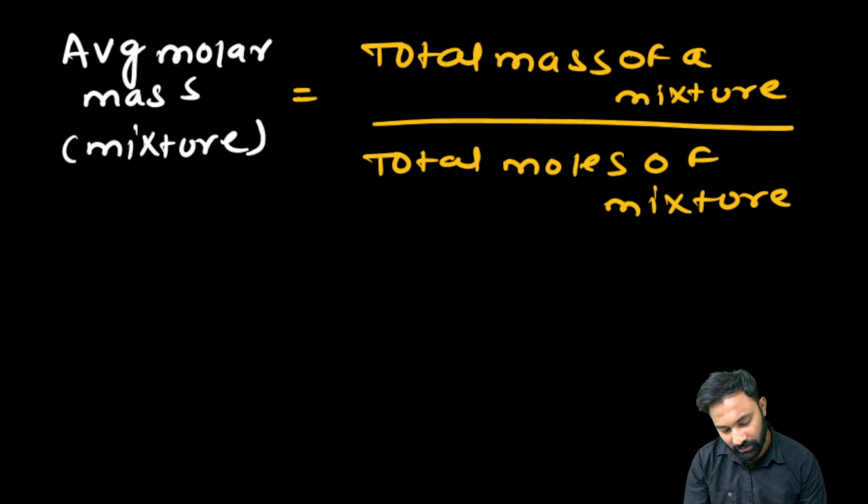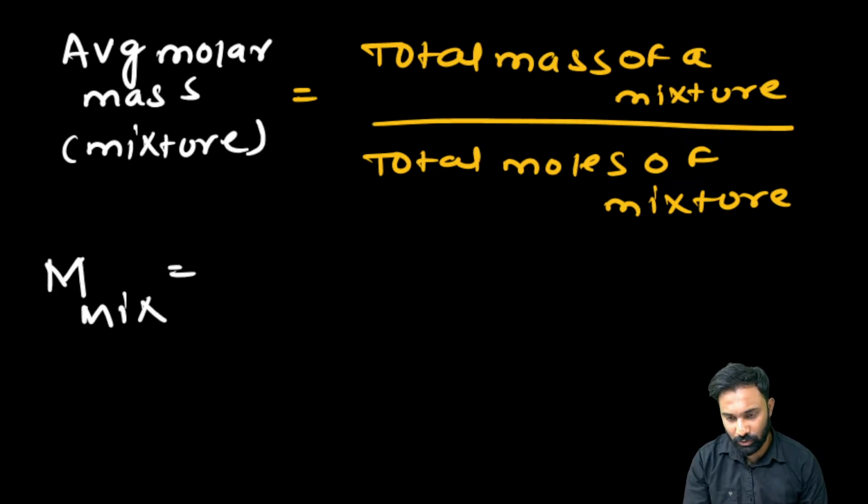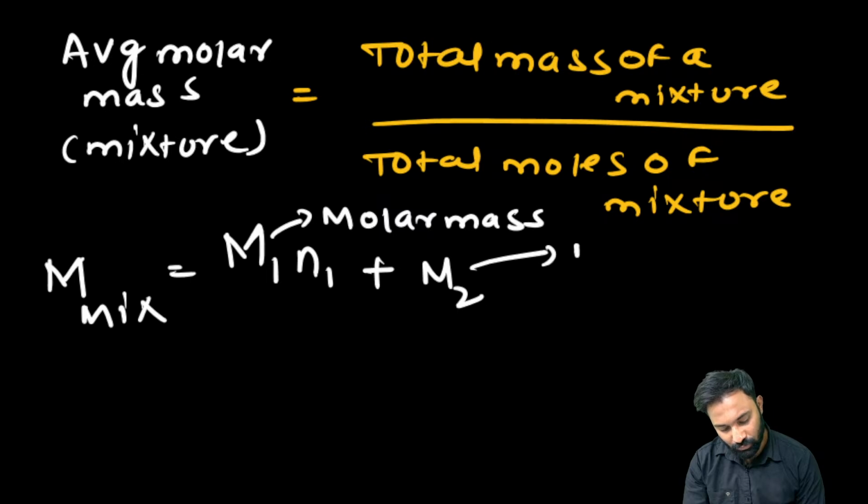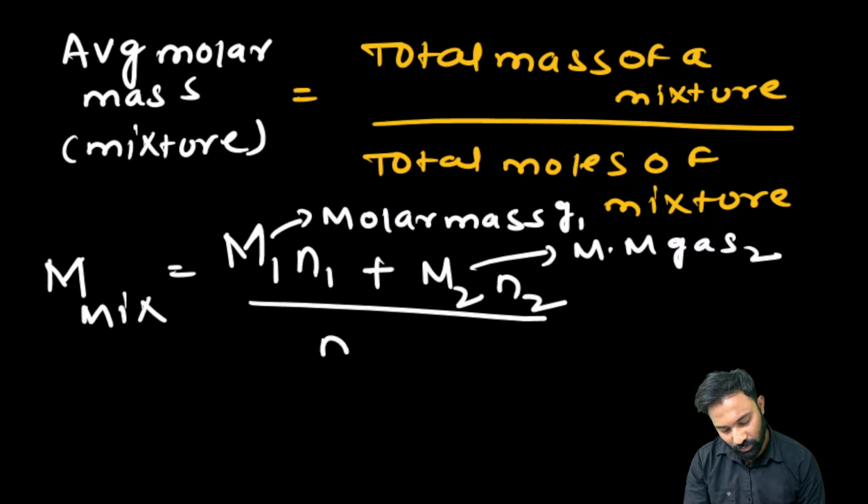Or, if you want me to simplify it: M mixture is equal to M1, the molar mass of gas 1, into number of moles of gas 1, plus M2, the molar mass of gas 2, into number of moles of gas 2, by the total number of moles, that is N1 plus N2. This is the formula that we have.